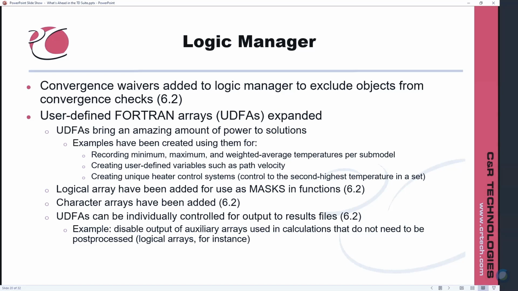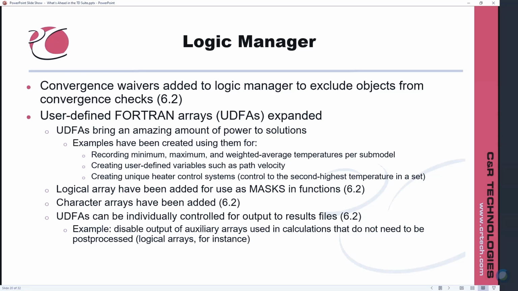We're adding in logical arrays to use as masks and functions. So when doing minimum, maximum, or sums, things like that, you can actually mask off portions of arrays within Fortran. So then these logical arrays allow you to set those up and define those masks.